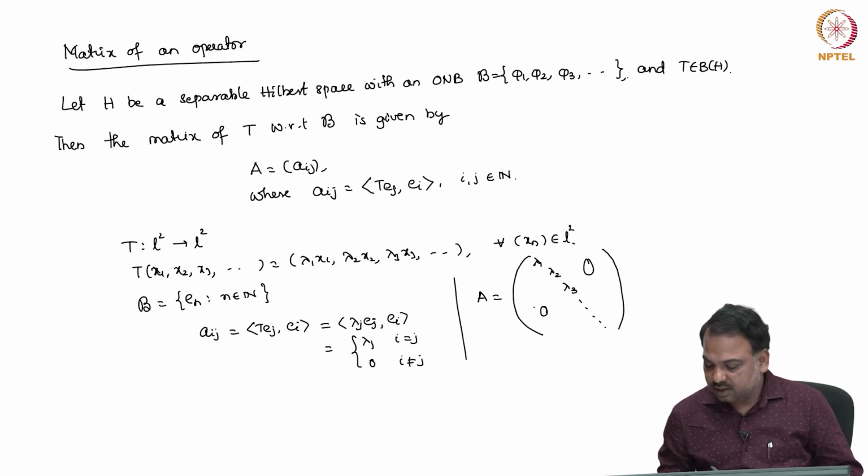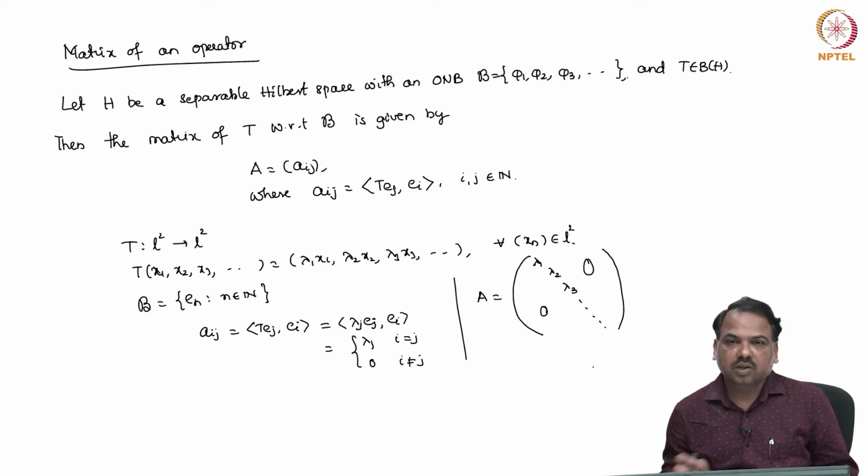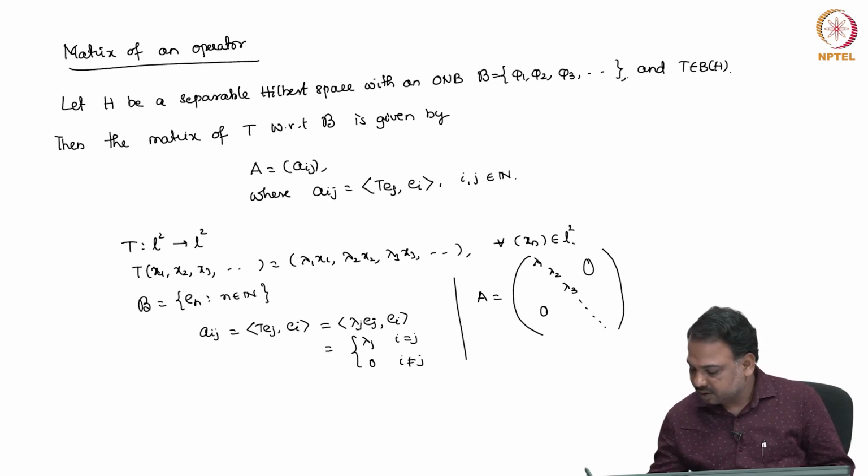This is an infinite by infinite matrix. So we can treat bounded linear operators on L2 as infinite by infinite matrices, and this matrix changes with respect to the orthonormal basis, similar to the finite dimensional case. So this example generalizes the finite dimensional case.